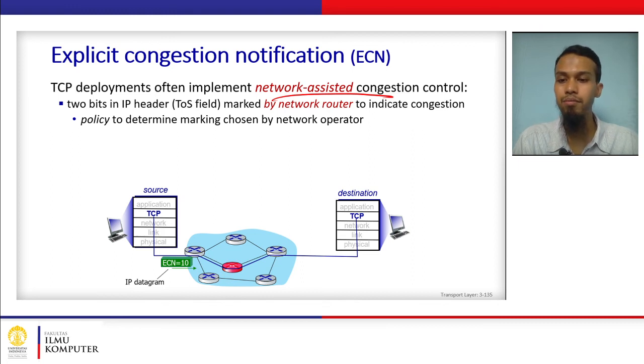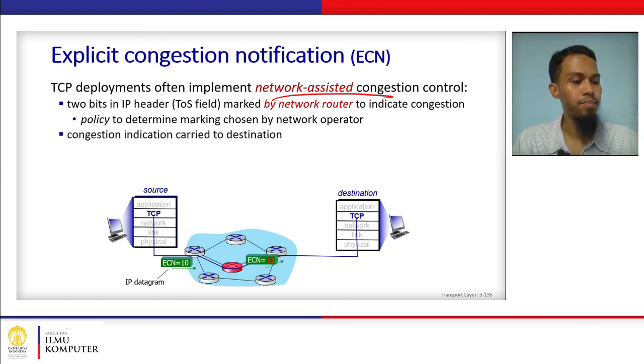There is an additional field in the IP layer called ECN, the explicit congestion notification field, and it was 10, and then after arriving at this router, the router experienced congestion, and the router sets this value to 11, meaning that there is congestion in this network.